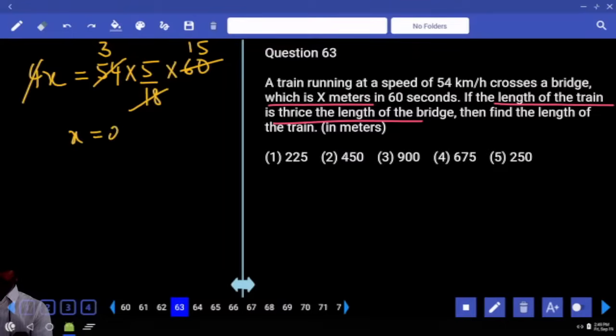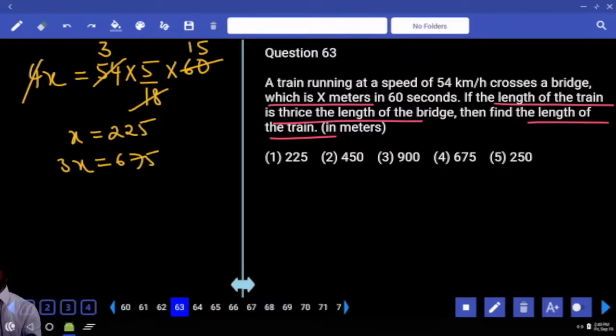So x is equal to 225, which was the length of the platform or the bridge. But the question is to identify the length of the train. 3x becomes 675, 3 times 225. Clear?